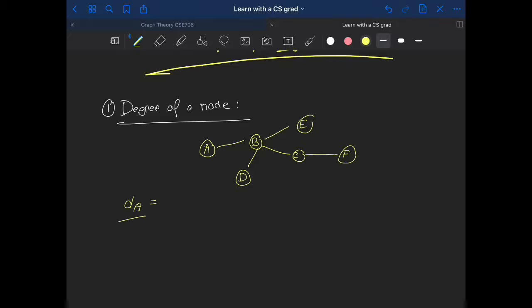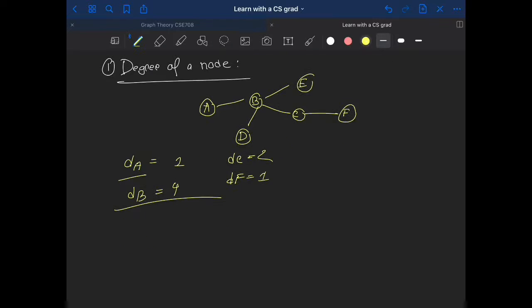Degree of A is only 1 because A is connected to only one node, right? On the other hand, if you look into degree of B, it is connected to 1, 2, 3, 4 nodes. So degree of B is 4, and similarly degree of C is 2, degree of F is 1, and so on, right?